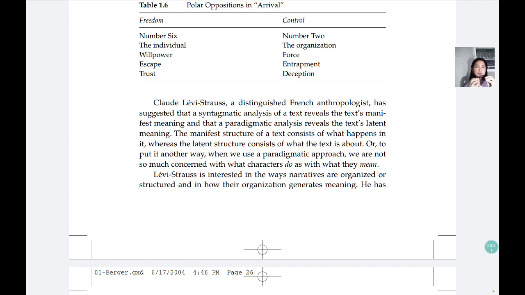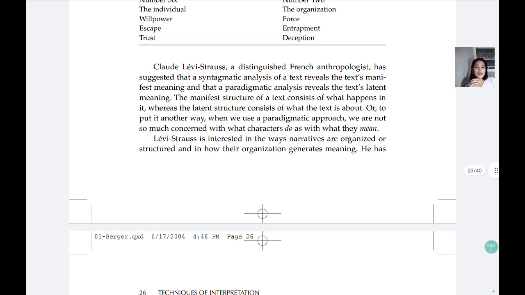Or to put it in another way, when we use the paradigmatic approach, we are not so much concerned with what structures do as with what they mean. So Levi-Strauss is interested in the ways narratives are organized or structured and how their organization generates meaning.